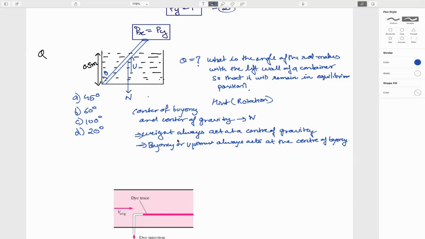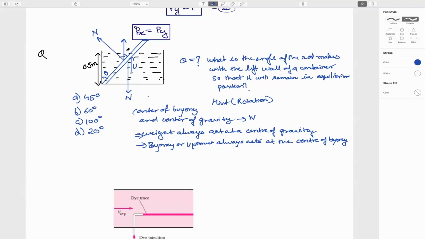Okay, so that's the important concept, and in this rod, if normal is acting in this direction, then this angle is nothing but 90 minus theta. Okay, so there is a normal reaction.